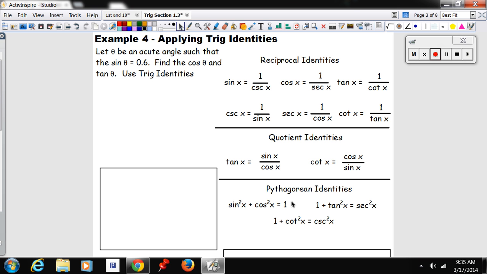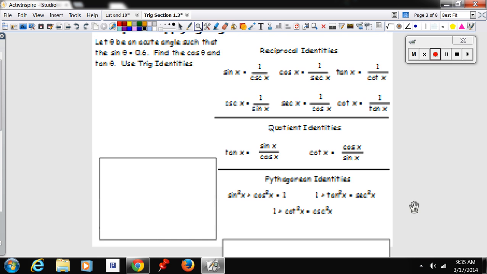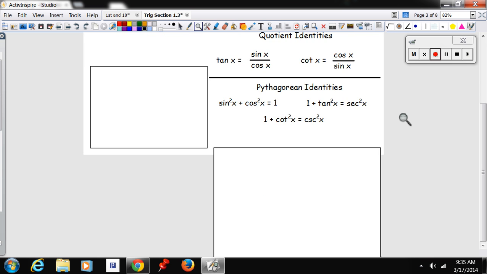Now you could put 1 squared, but what is 1 squared? 1. So you don't really need to put 1 squared because it's already 1. Move it up for a minute, and I'll move it back down in a second. So Pythagorean theorem, a squared plus b squared equals c squared. Sine squared plus cosine squared equals 1 squared, which is just 1.